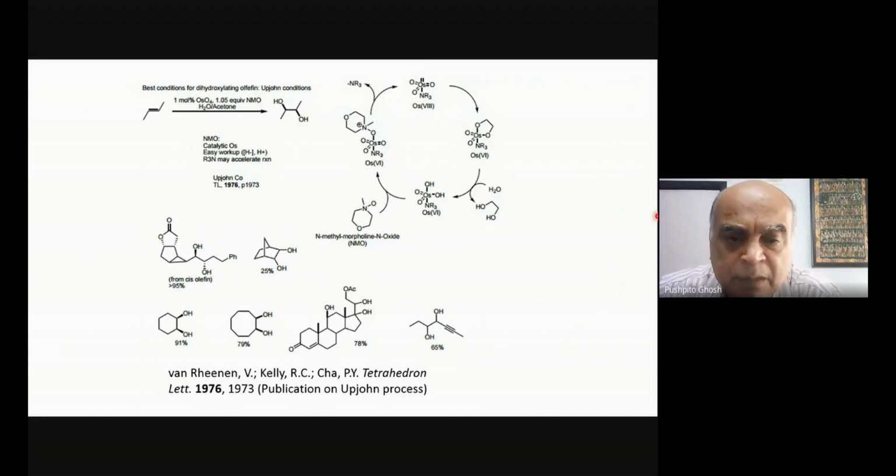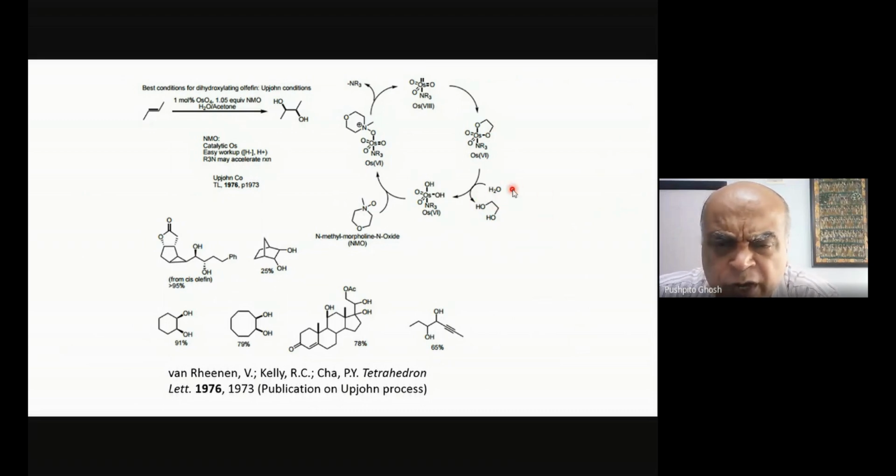Now, this company Upjohn had carried out various kinds of reactions with osmium tetroxide. You start with osmium 8, okay, and after it does its hydroxylation job, as I told you, it gets converted into osmium 6 and it gives you the dihydroxylated product.